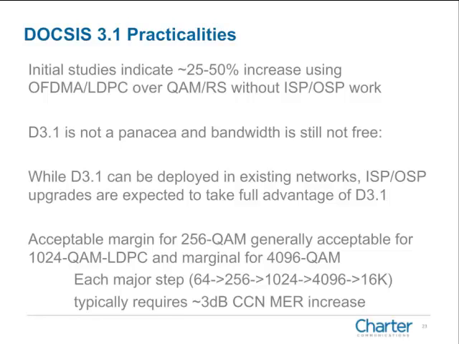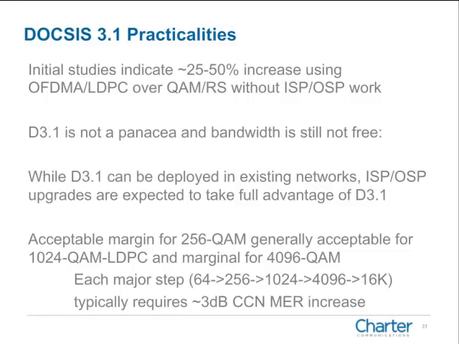So what margin is acceptable for 256 QAM today is generally going to be acceptable for 1024 QAM using LDPC. It's going to probably be marginal for 4K QAM. Each major step, going from 64, 256, 1024, and so on, requires on the order of about a 3 dB increase in signal purity out there on the network.